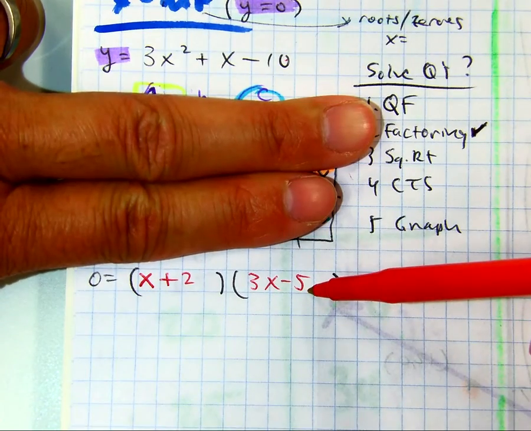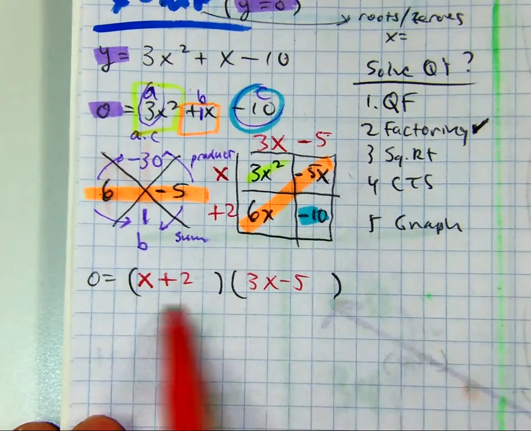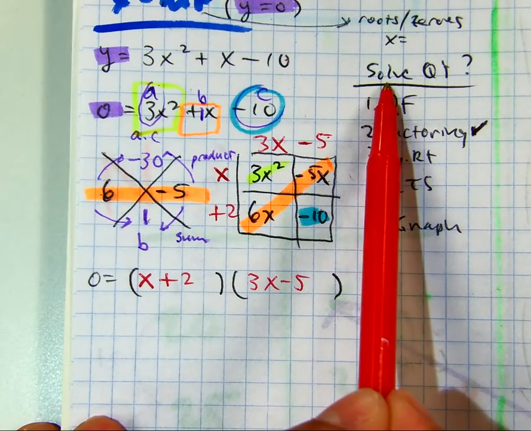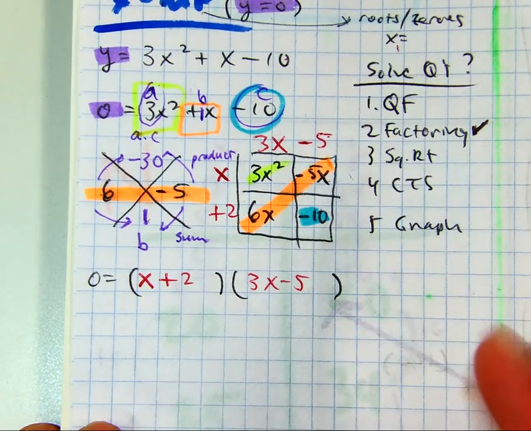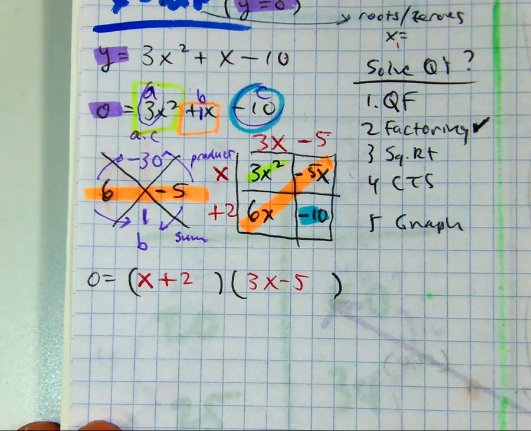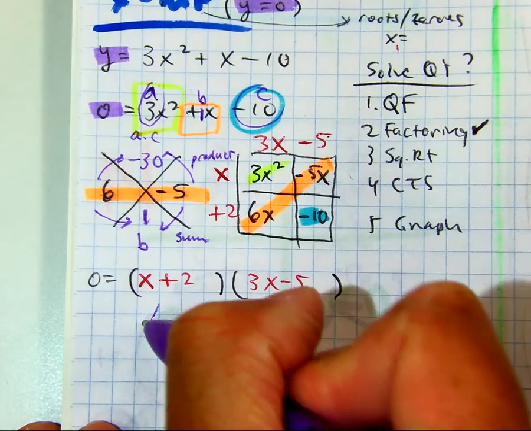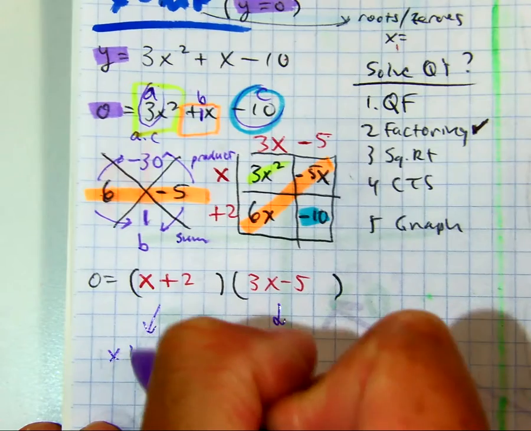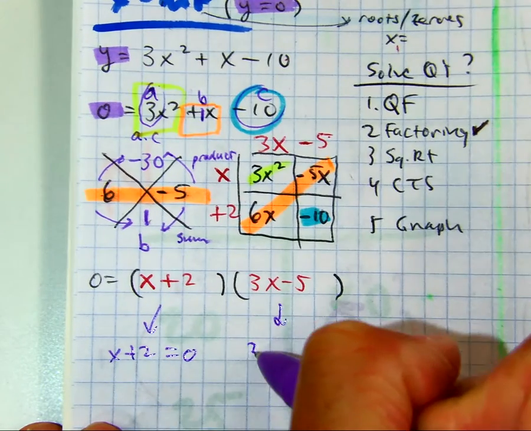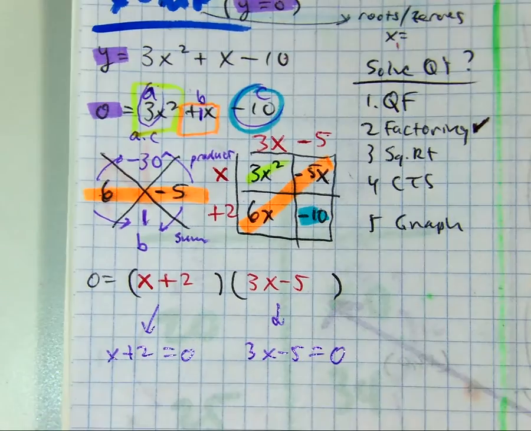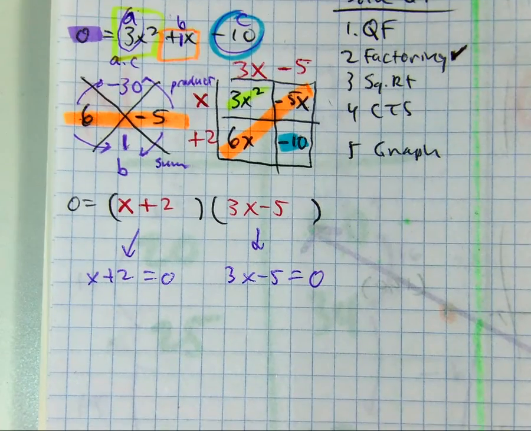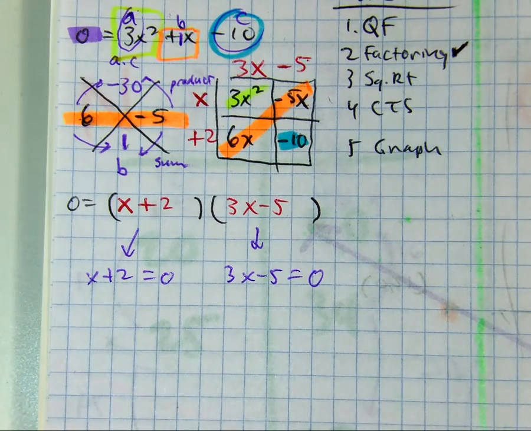Although we've factored, we have not solved. We don't have an x equals something. So now we apply something called the zero product rule. You set each of these equal to 0. And now we just solve. Boys, x is equal to?